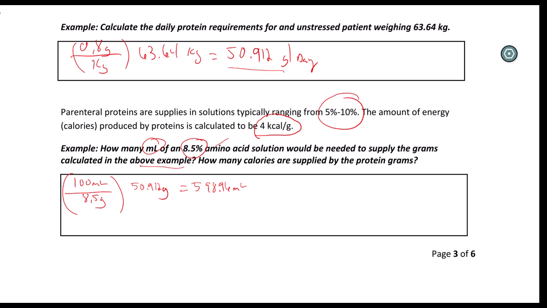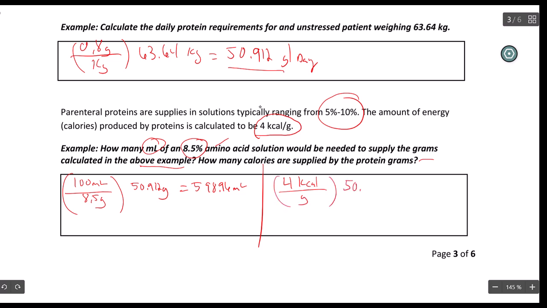How many calories is that? Remember, protein is 4 kilocalories per every gram of protein. I am giving 50.912 grams of protein.